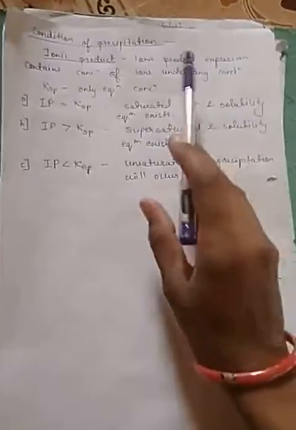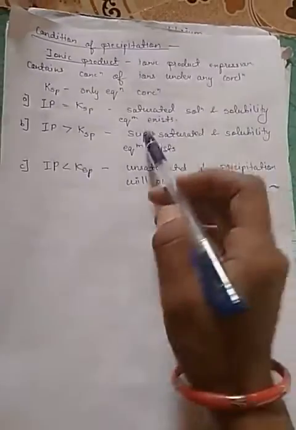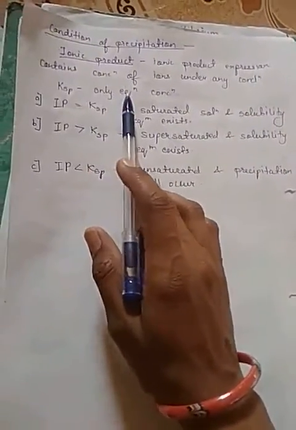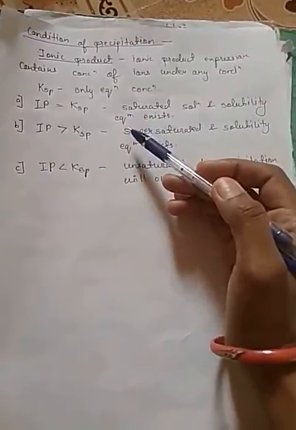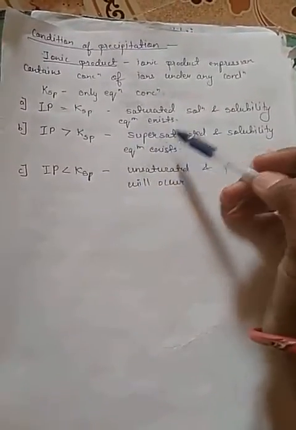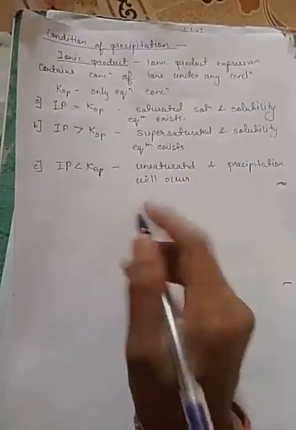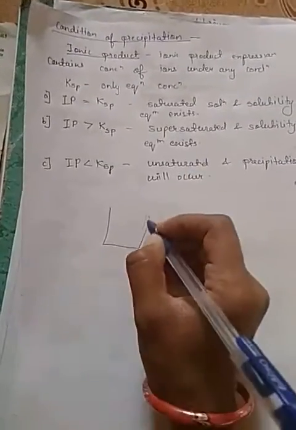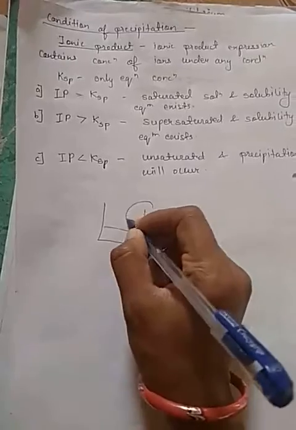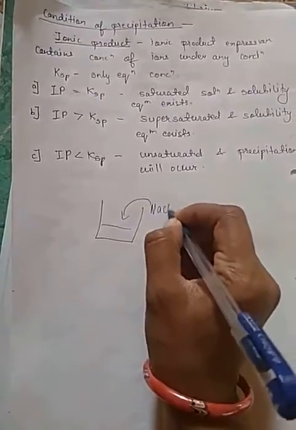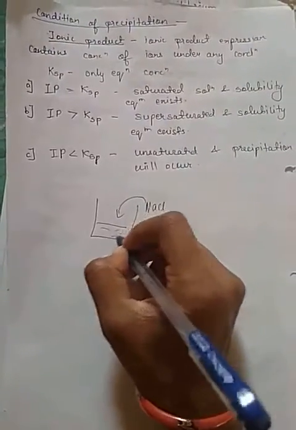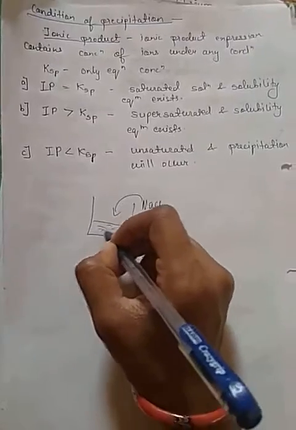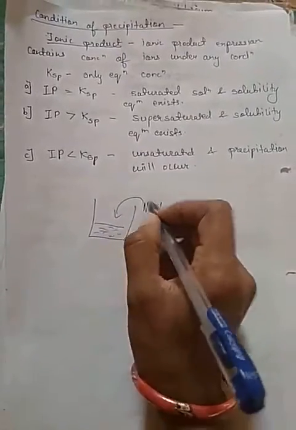Now, the next part which we are going to study is, depending upon this solubility product and solubility, how we can identify whether the solution is saturated or unsaturated. Saturated or unsaturated means what? For example, if I take water and add NaCl into it or sugar into it, at a particular temperature, in a given amount of water, the NaCl will dissolve when you stir it.